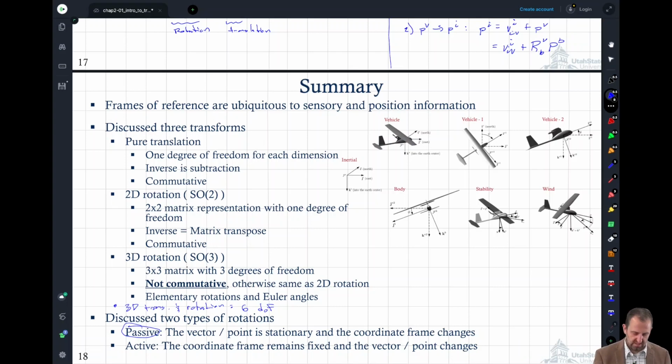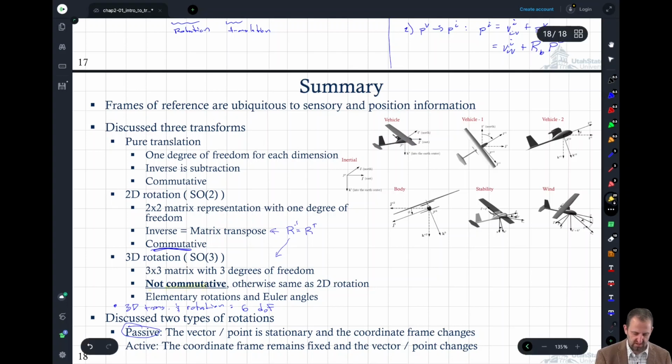Thing to note is that our inverse is equal to our transpose. That's really helpful for our rotation matrices. That goes for both 2D and 3D. And keep in mind that 2D rotations, we can consider them commutative, but 3D rotations are definitely not commutative.